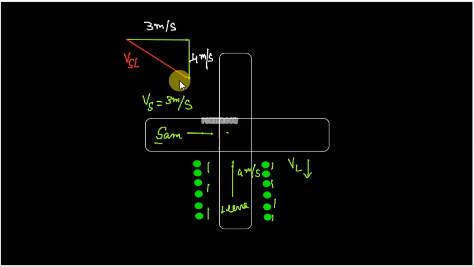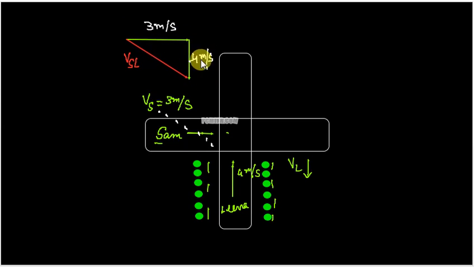And VSL gives me the velocity of Sam with respect to Lena, because that is from the perspective of Lena, because he's not just going to the right, he's also approaching her. So this is how we look at it, that Sam appears to be coming from this point towards Lena, right?